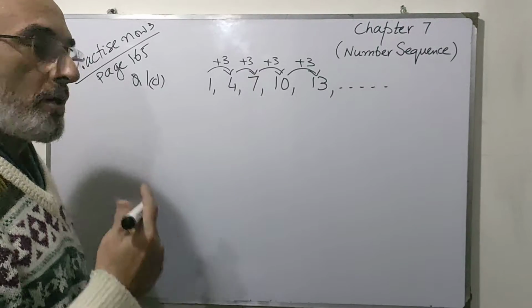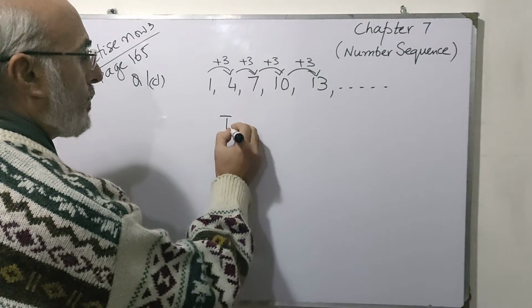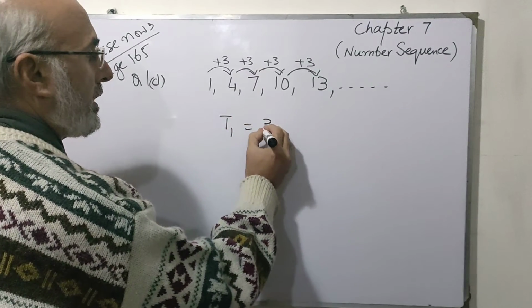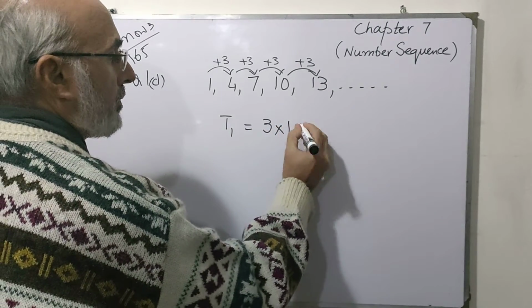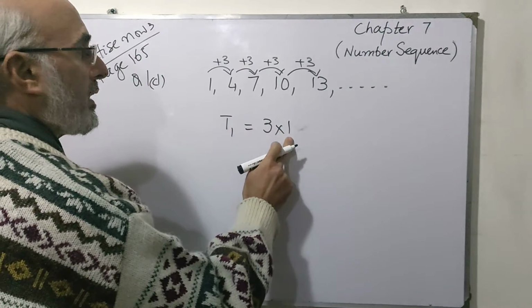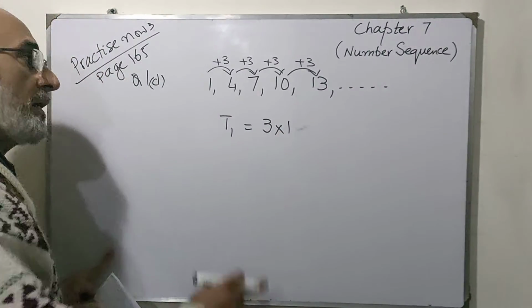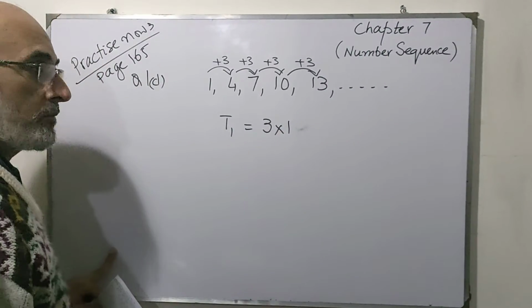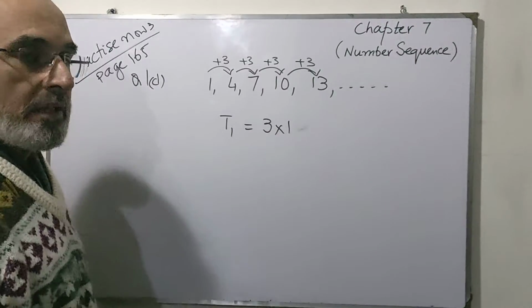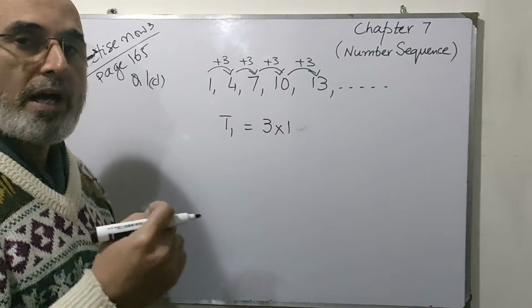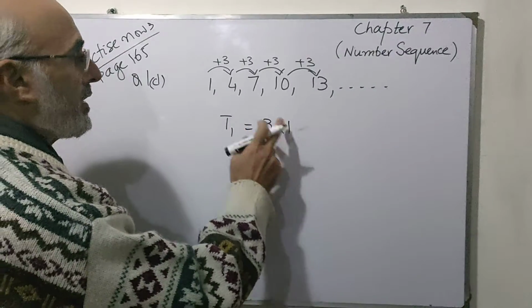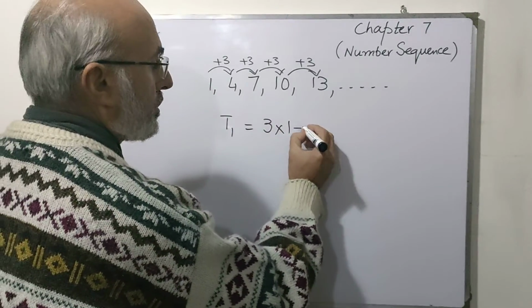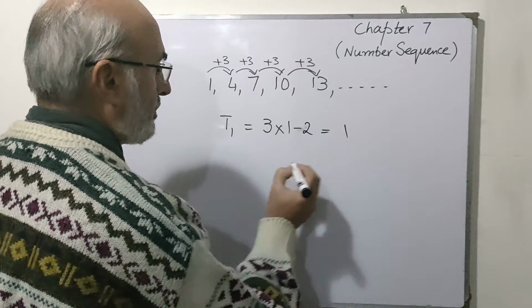So I'm going to use this common difference. T1 is 3 into the position, which is 1. So we have 3 into 1 is 3. But what do we need here? 1. So this time we are not going to add anything. In fact, we are going to subtract something. We have here 3, but we need 1. So what are we going to do? Subtract 2, and we have 1.